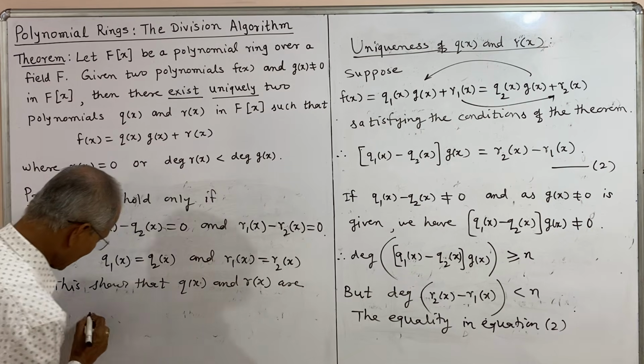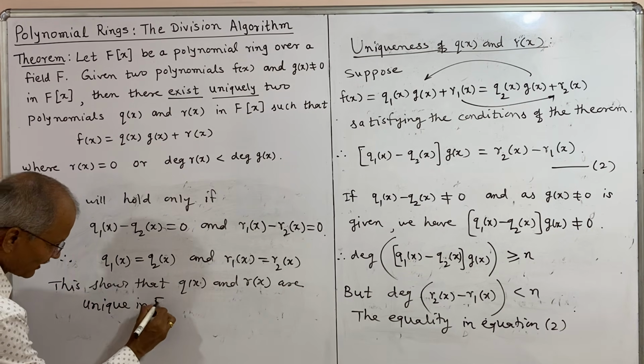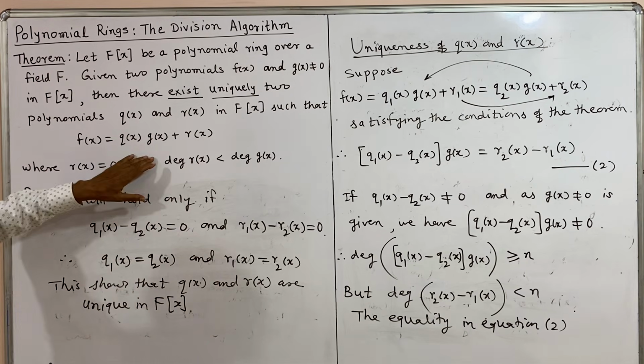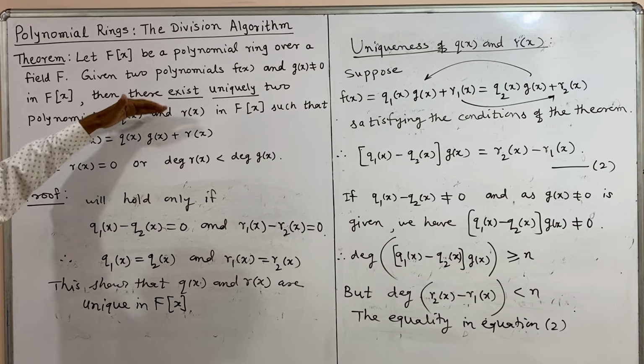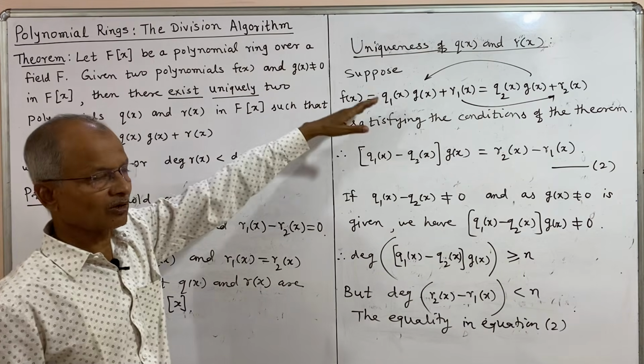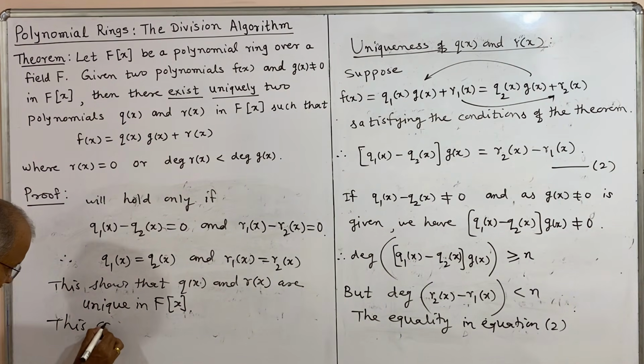These polynomials are unique for f of x, and this completes the proof of the theorem. We have proved first the existence part, there exist these two polynomials, and next we have proved they are unique. So this completes the proof.